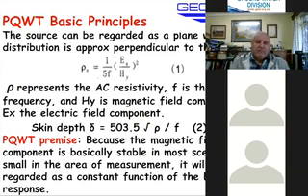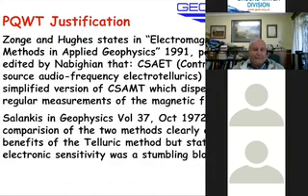Now, we will see later, the magnetic field component is basically stable in most scenarios, small in the area of measurement, and it will be regarded as a constant function of the EX response. So this is where this system really deviates, and the purists are saying, no, but you can't use this at all, for the simple reason that you are making an assumption of a field that doesn't change.